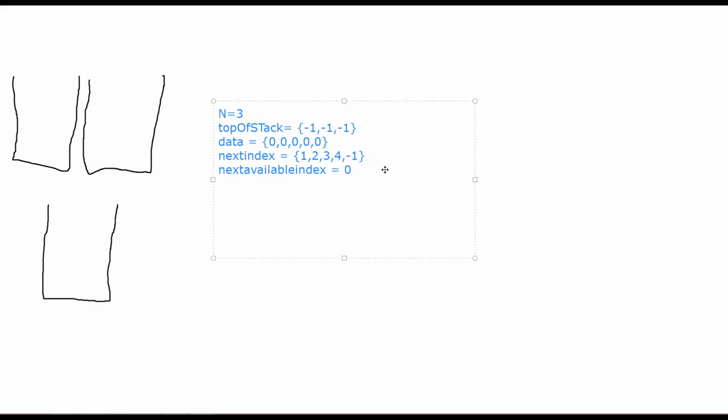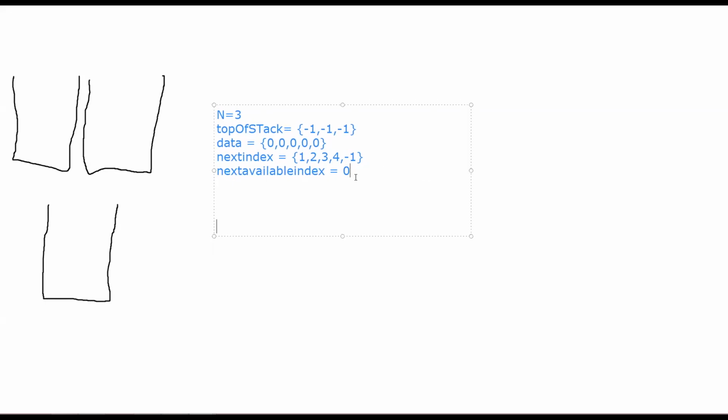So if I want to push 1 in stack 0, I'll push 1 here. The approach is that I go to the next available index, which tells me which index is available in the stack array.